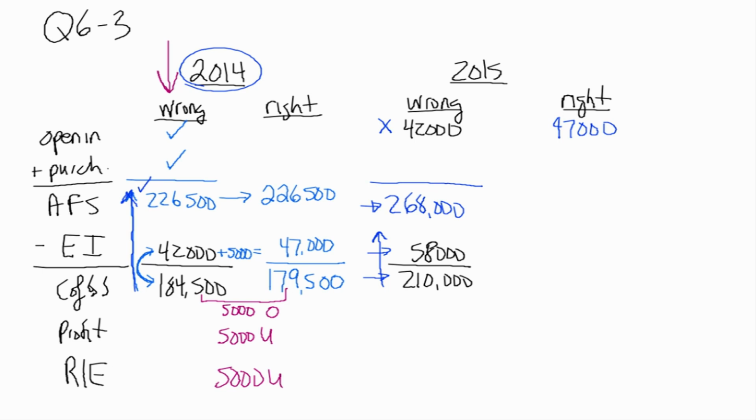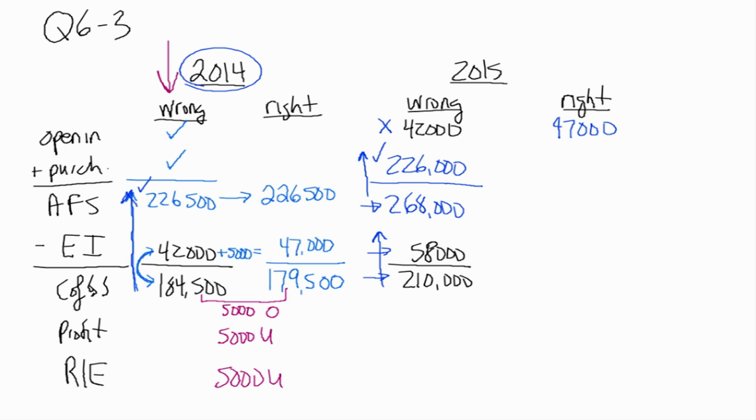Now, can we work backwards and calculate the purchases? And if so, what is purchases? So purchases are 268. No, they can't be 268. 226. Right, 226. Now, are these purchases correct? Yes, they are, because there is no indication in the question that there were any errors in purchases.